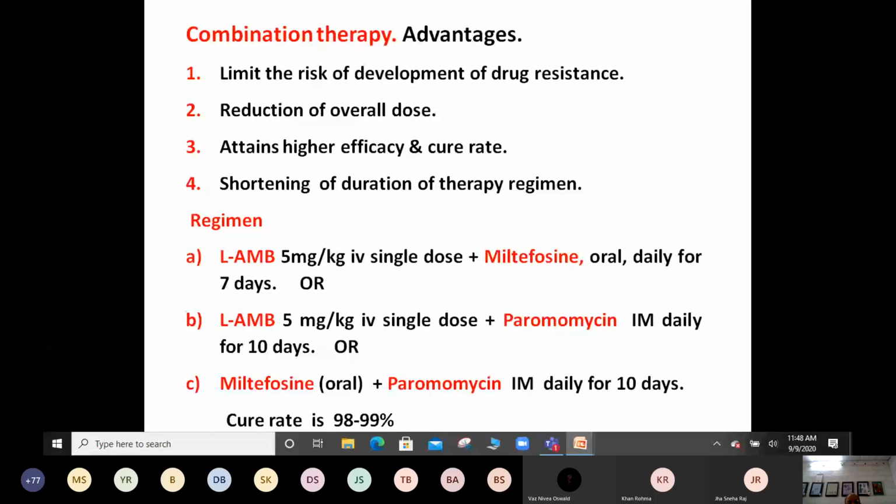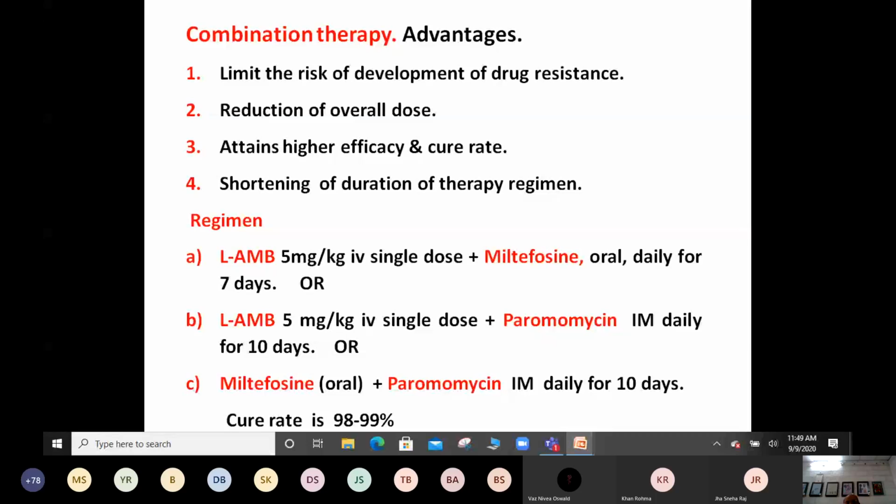Or liposomal amphotericin B, 5 milligram per kg intravenous single dose combined with paromomycin intramuscularly daily for 10 days, or miltefosine oral combined with paromomycin intramuscularly daily for 10 days. So this is the combination therapy, and these are the advantages.